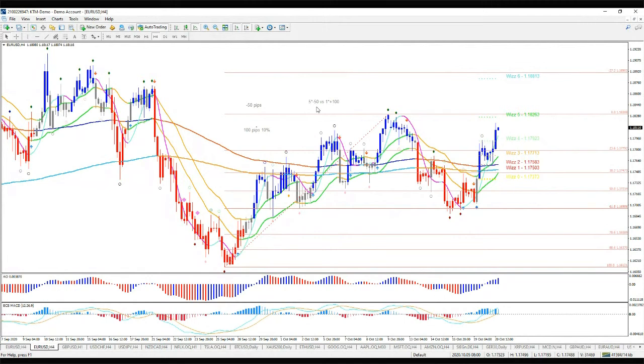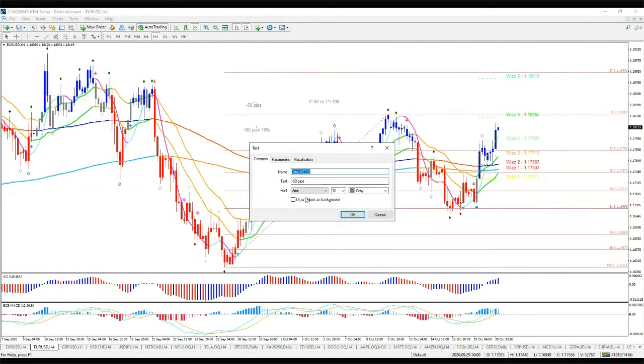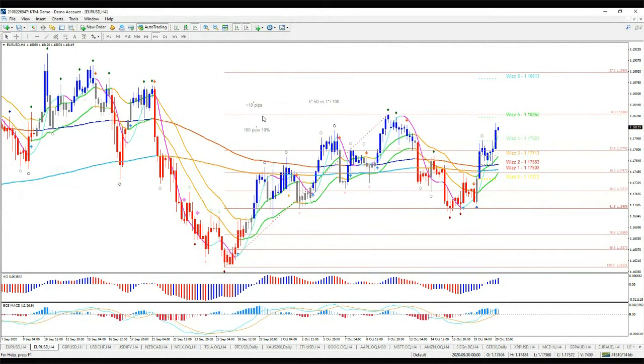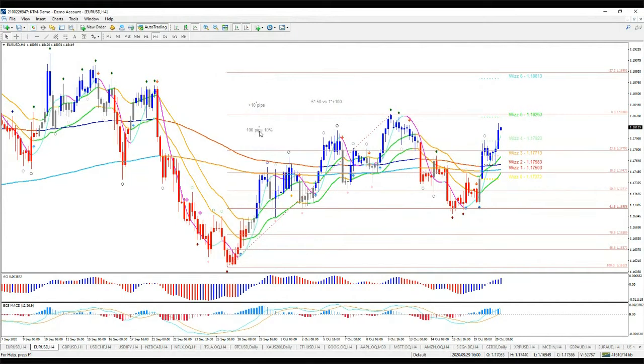It could have worked the other way around as well. Let me show you. So you could gain, let's say, 10 pips, 10 times. You made 100 pips, and you made 2% from those 10 trades.